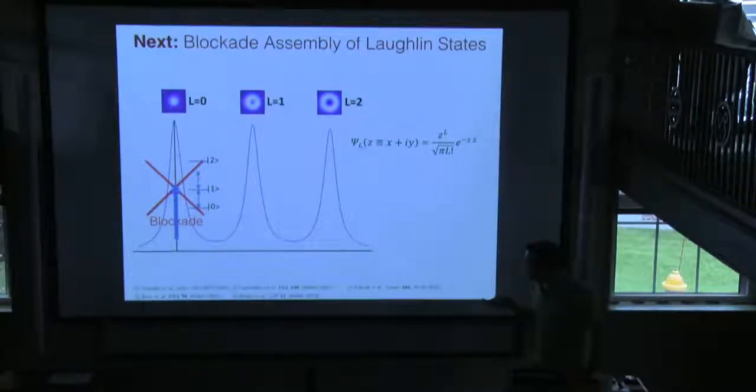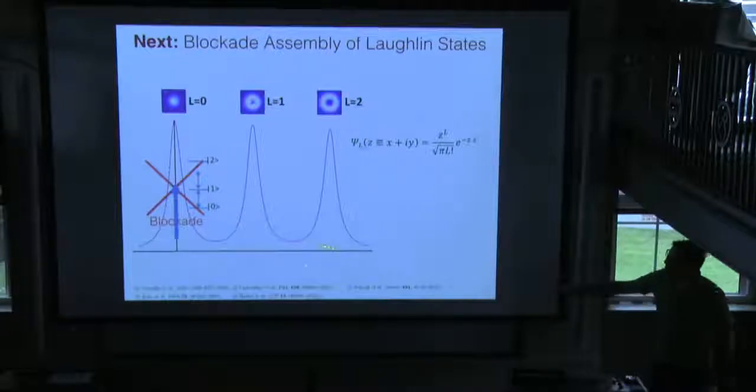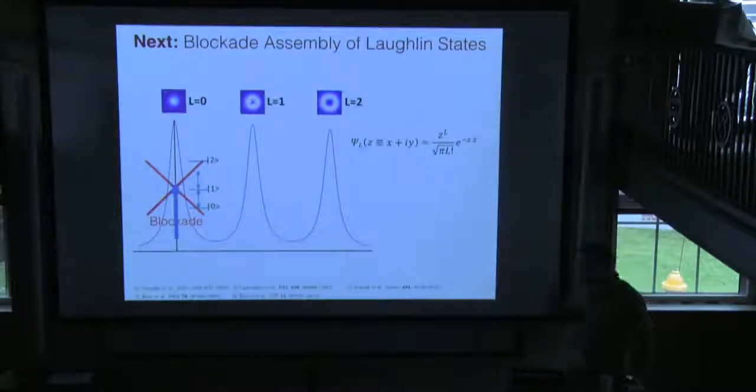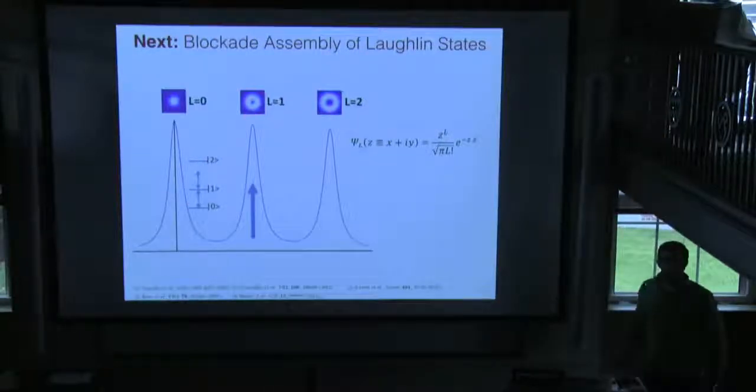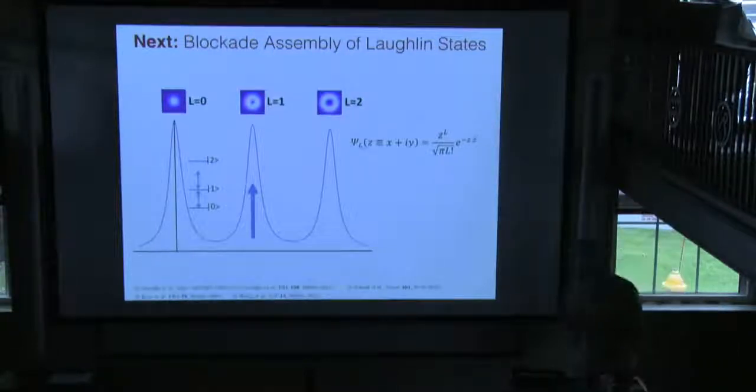But now here's the question. What if I inject into the L = 1 mode of this cavity? Well, you would say the photon-photon interaction should still prevent me from putting two photons into the system, right? But remember this squeezing rule I told you about earlier, right? The interactions conserve angular momentum, right?